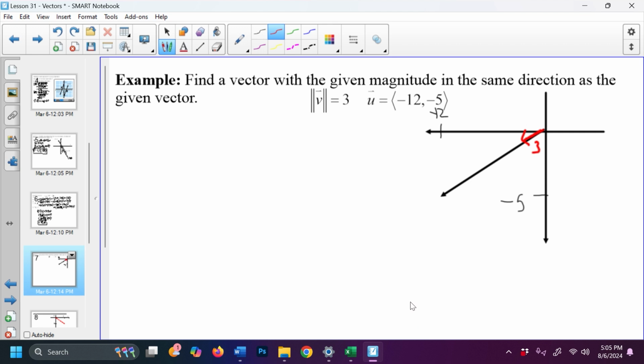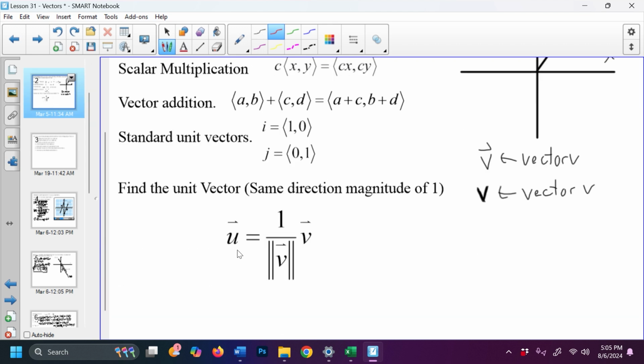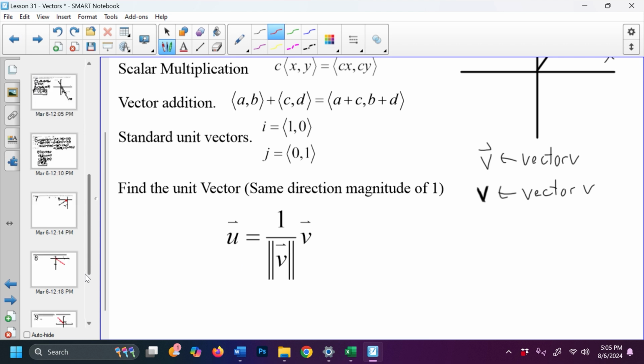And so what we'll do is we'll go back up here and I will find the unit vector of the given vector and then just multiply that by the scalar 3, and that will scale it up to a length of 3.